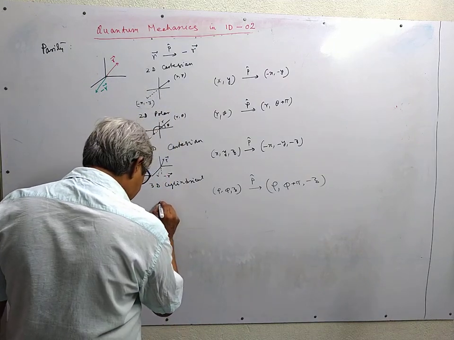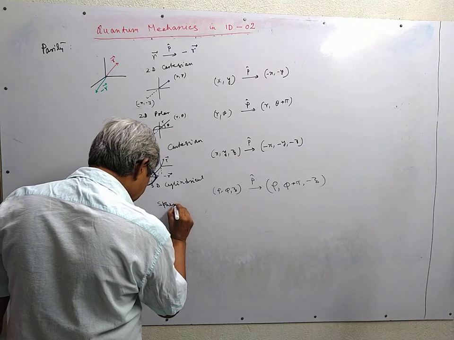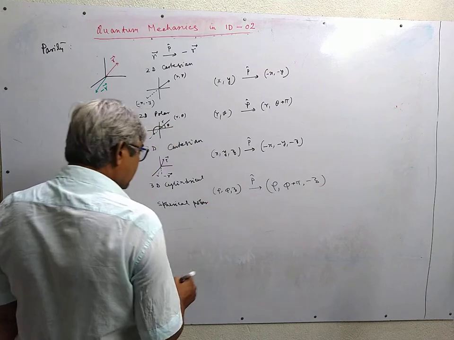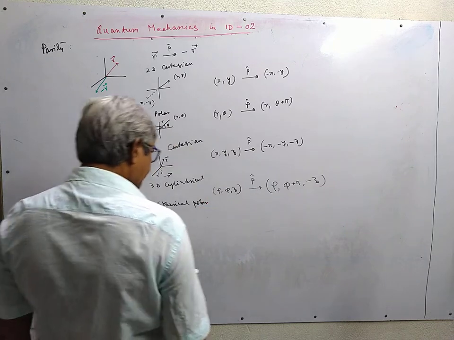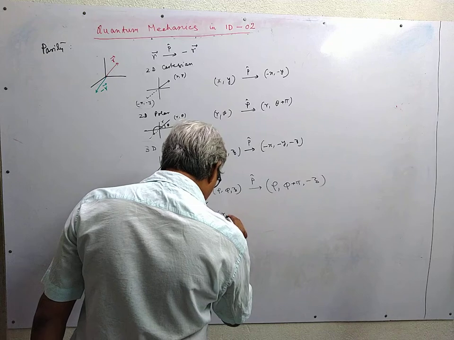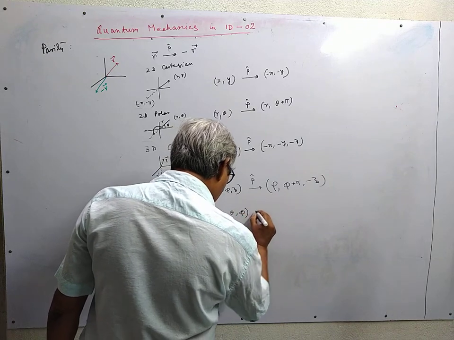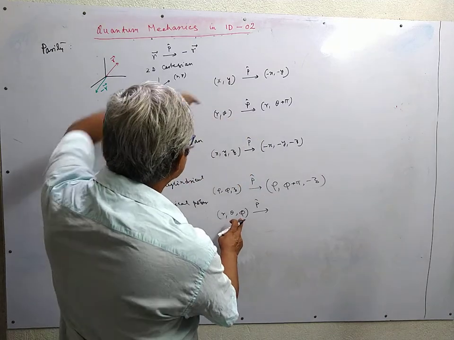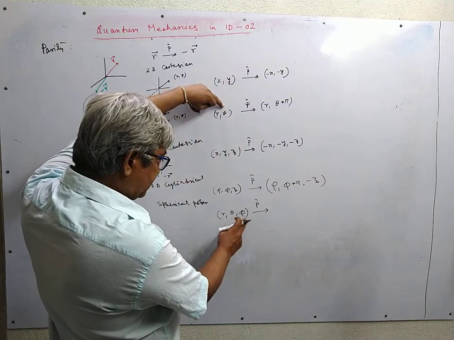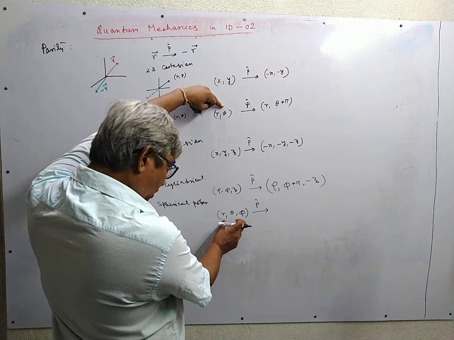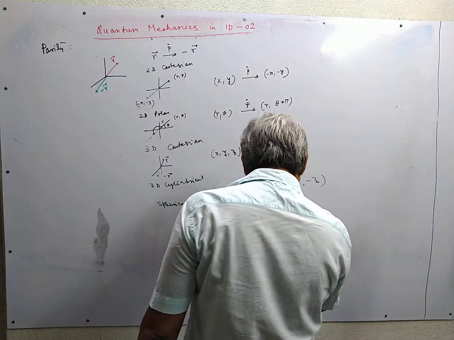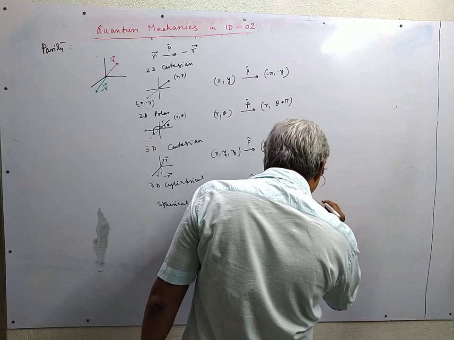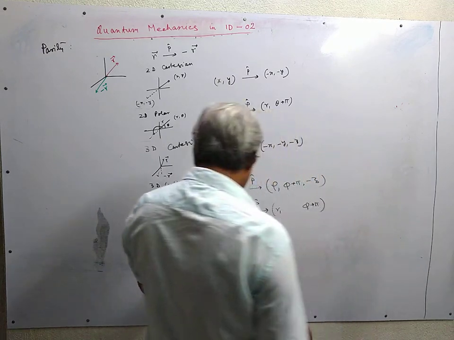Spherical polar: here the coordinates are r, theta, phi, and you know that this phi is actually the theta of polar coordinates, so these two transformations are known. So this is r, phi plus pi, and theta is to be determined.